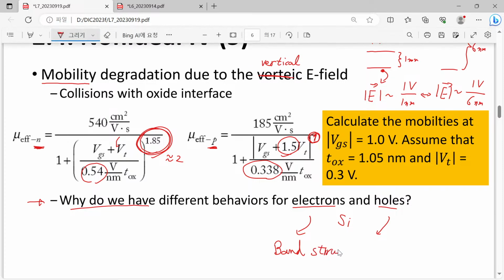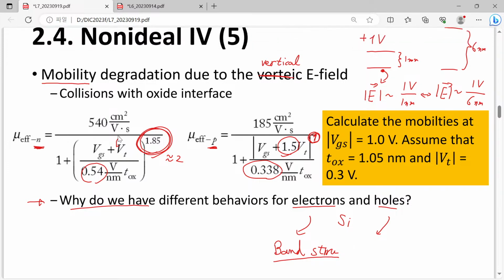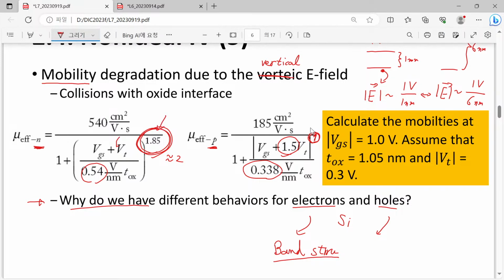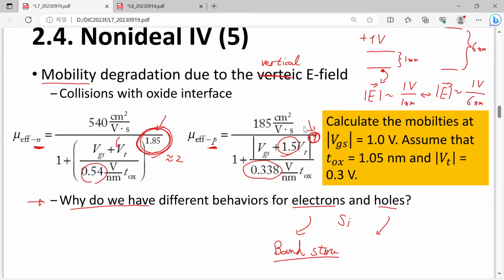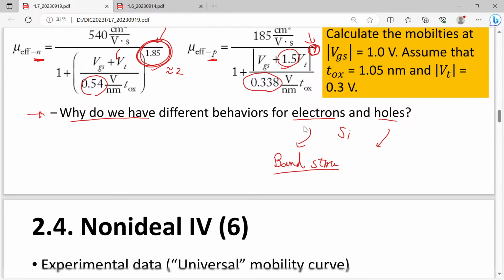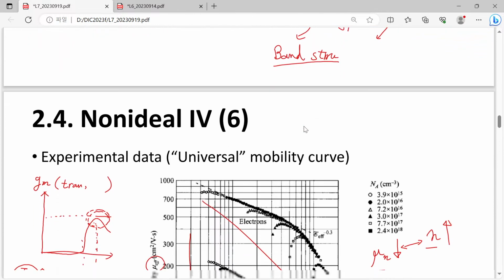Band structure of silicon's electrons and silicon's holes are different. That's the reason why we have different power here and there. So that originates from the difference of band structure and scattering mechanisms.